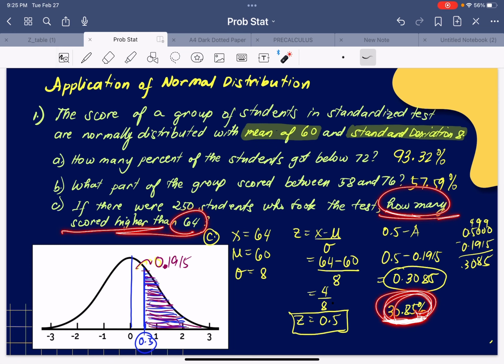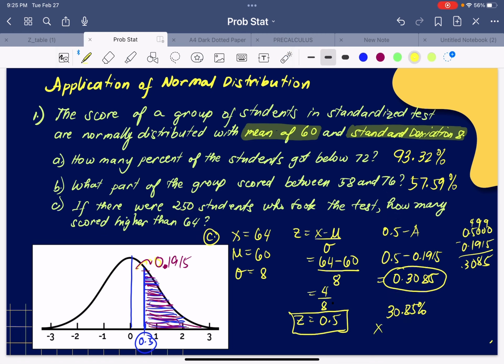So 30.85% of 250. So let's multiply. What will be the answer? Just simply multiply. You can use a calculator, and that is 61.7. So approximately, we round off 61.7.